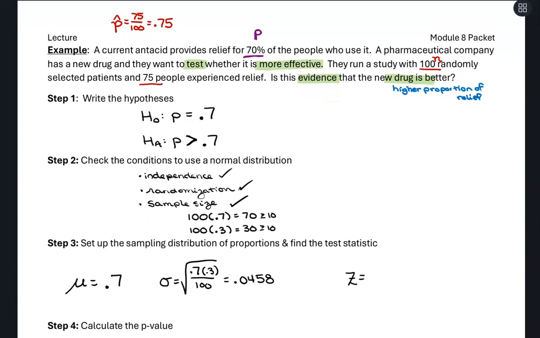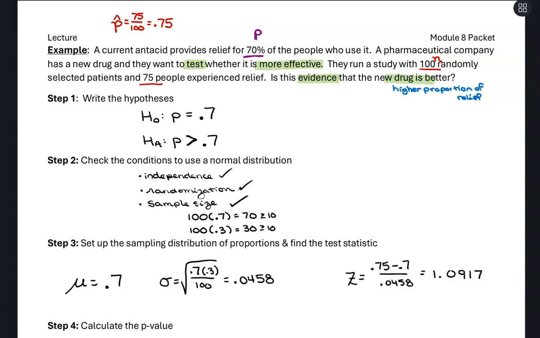So we're going to take our sample proportion of 0.75, take away our mean, divide by our standard deviation, and throw that in a calculator. 1.0917 is what I got there.